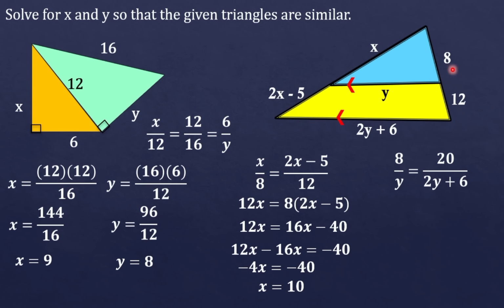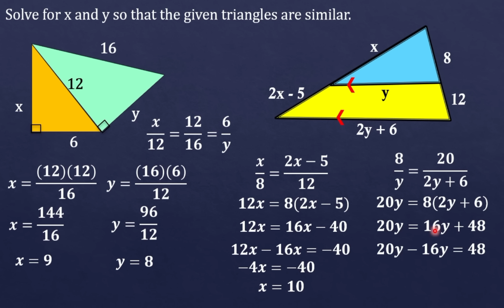So, by cross multiplication, we have 20y. 8 times 2y plus 6, that is 16y, and then 8 times 6, that is 48. So, 20y transpose, magiging minus 16y is equal to 48. So, that is 4y is equal to 48. Y is equal to 12. 48 divided by 4 is 12.